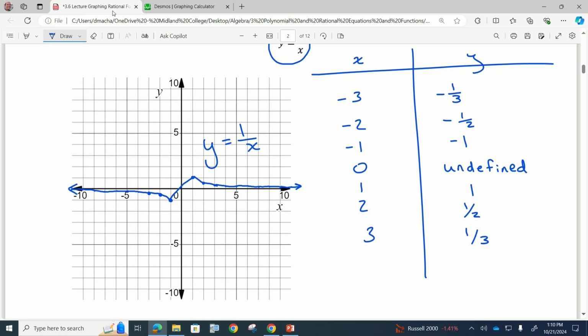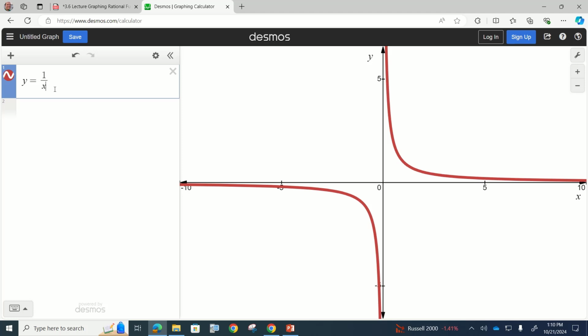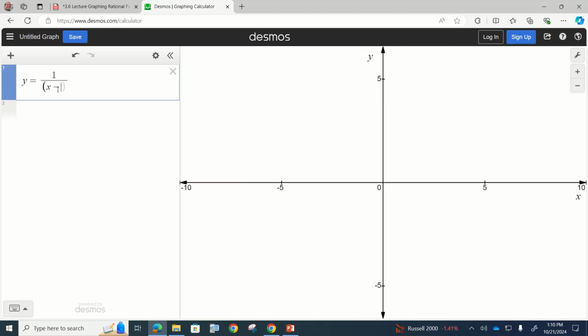If I then plot a function that's a little bit more interesting, we can see this again. Like, what if my denominator is something like this?